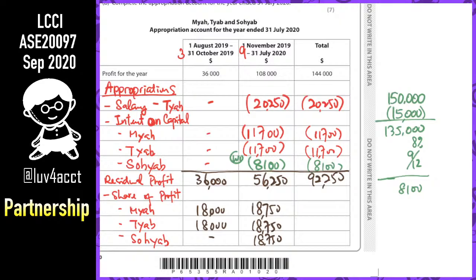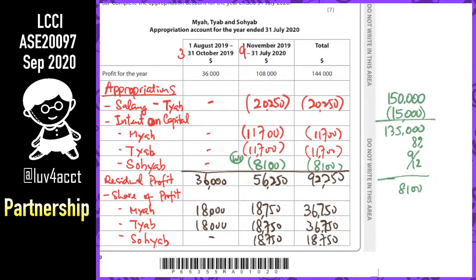3 months? Not really, because we have the other appropriations there. So 36,750. Because this one will go into the current account of the partnership.